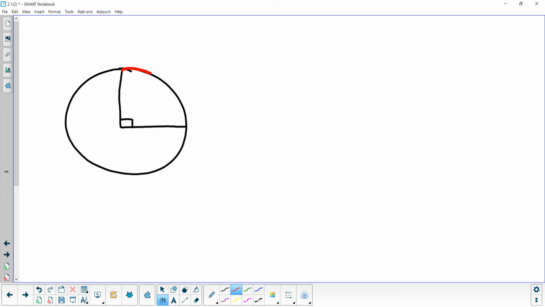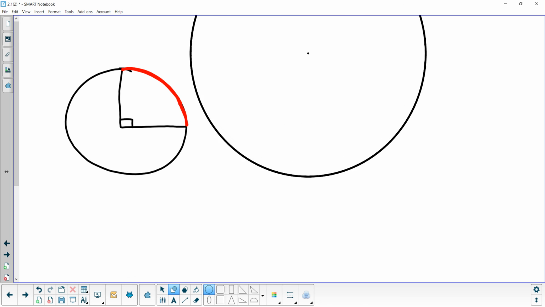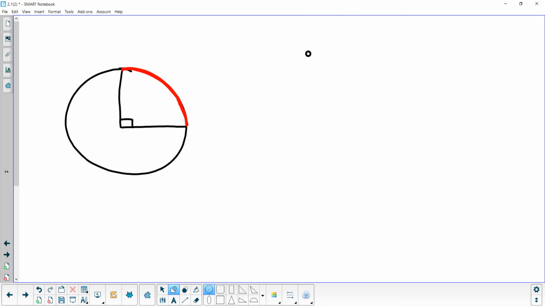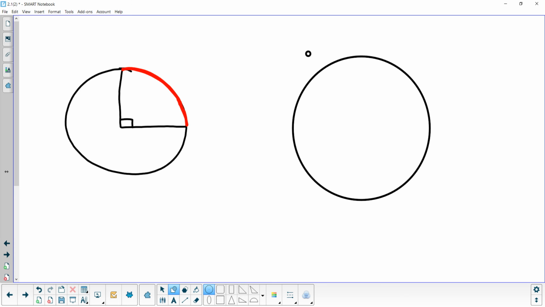And the arc that it makes is that. Okay, now let me draw another circle. Do it that way too. All right, so there's another circle. And let me draw another angle. I'll put my initial side here and my terminal side over here.